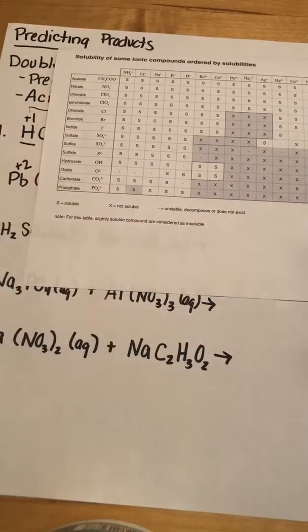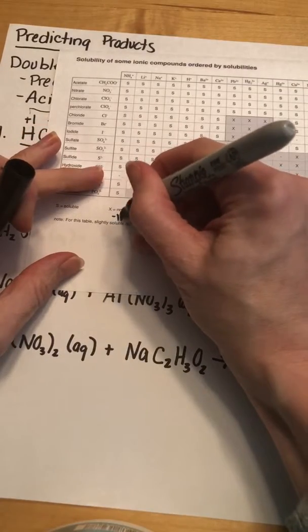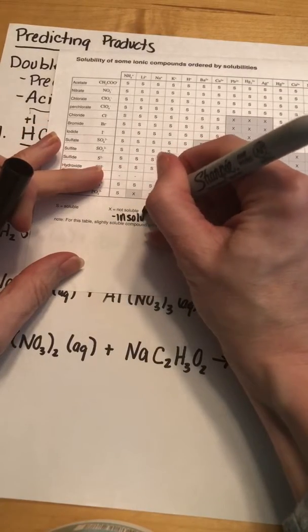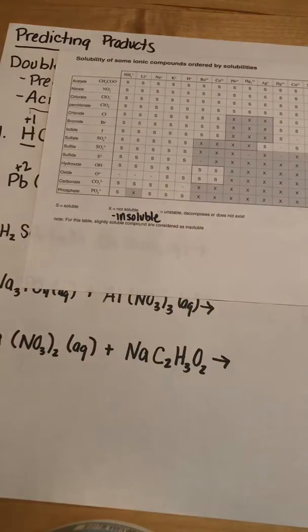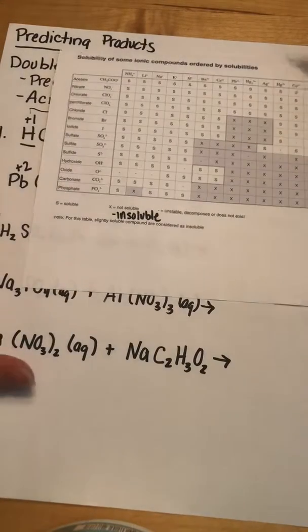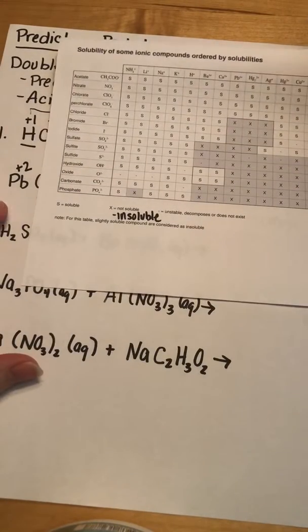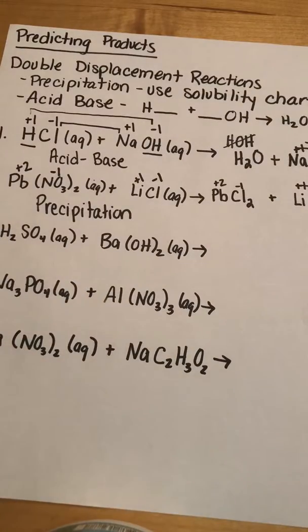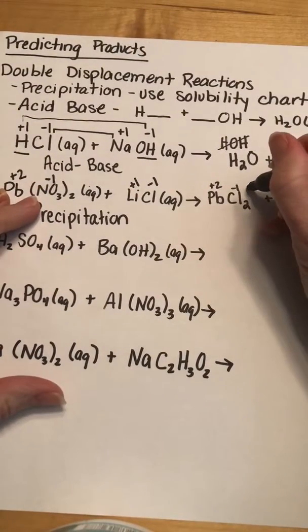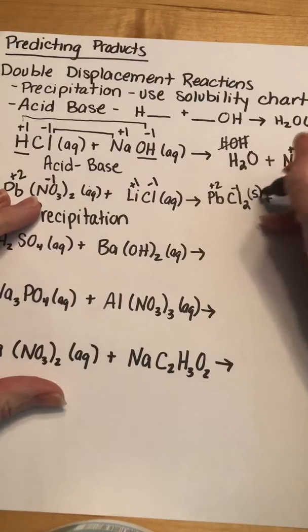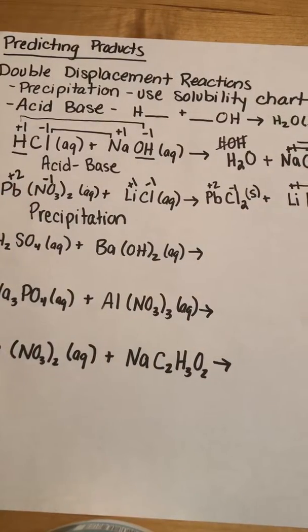I think they'll call it insoluble, but same thing. If you see an X, it means that it's insoluble. And if it's insoluble, what we put in parentheses next to it is a little (s).